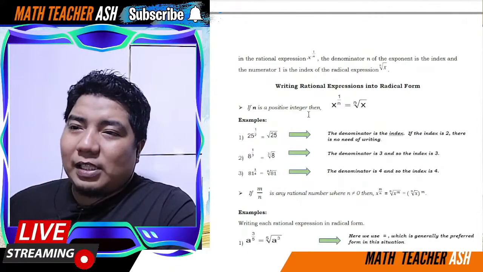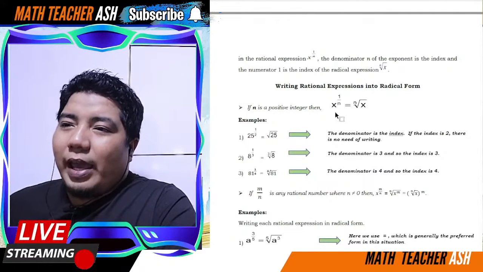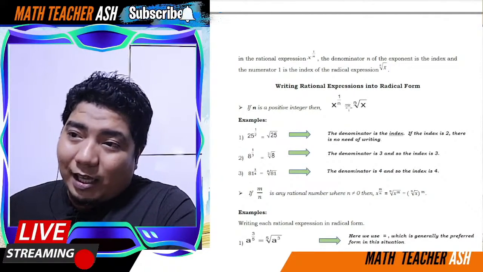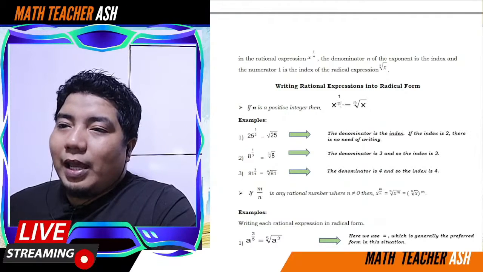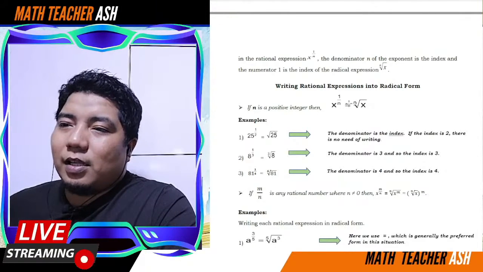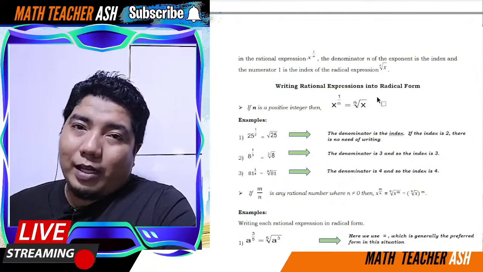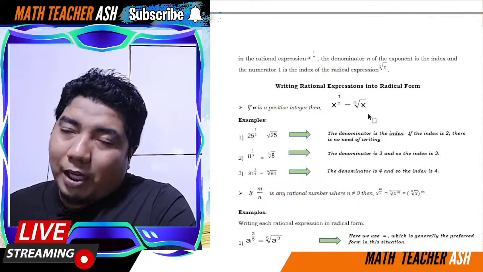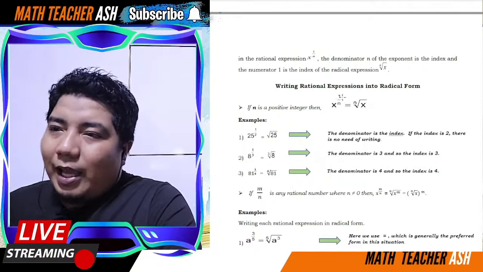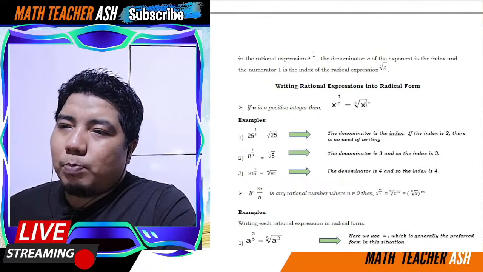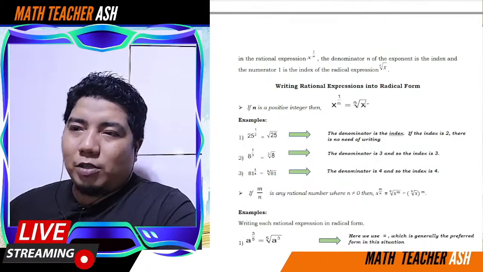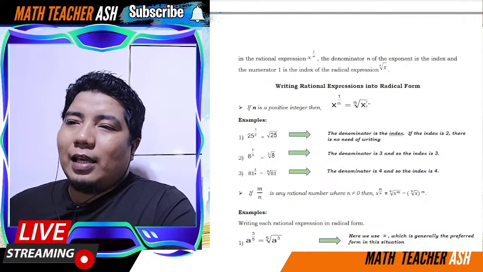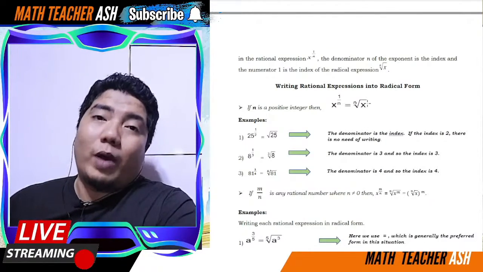If n is a positive integer, then x to the power of 1/n is equal to yung n ay magiging index, gawa ka ng square root symbol or radical sign, tapos yung x dito, which is the base, will become the expression inside the radical sign, and your 1 here will be the exponent of that expression inside. So technically, hindi mo na kailangang isulat ang 1 kung 1 naman din.